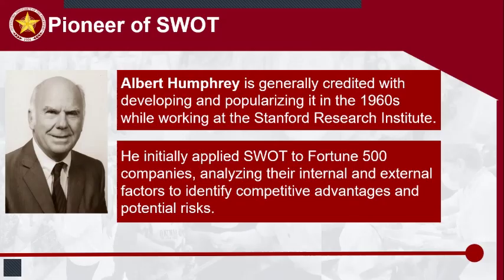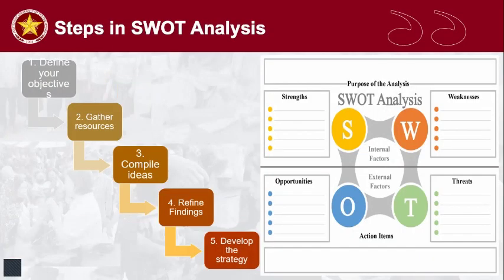And so, who would be the pioneer of SWOT? It is Albert Humphrey. He is credited with developing and popularizing it in the 1960s while working at the Stanford Research Institute. Initially, he applied SWOT to Fortune 500 companies, analyzing their internal and external factors to identify competitive advantage and potential risks.